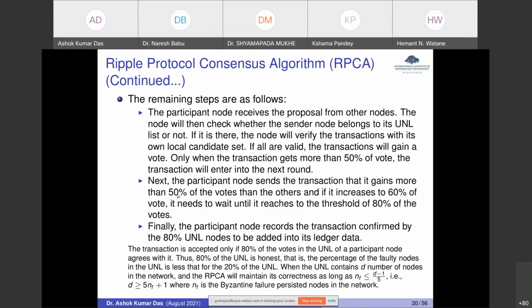In the next round, there is a process known as the proving process. This threshold value, 50% of the vote, will gradually be increased to 60% until it reaches a threshold value of 80% of the vote.